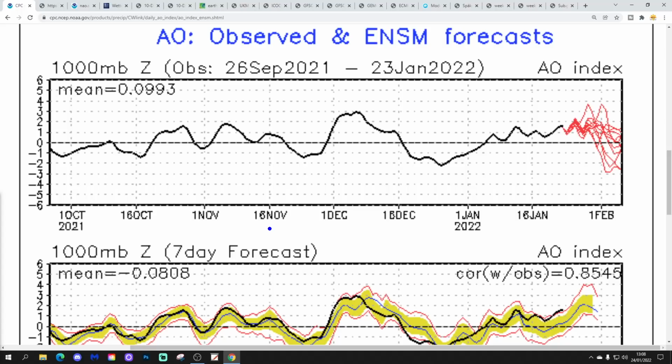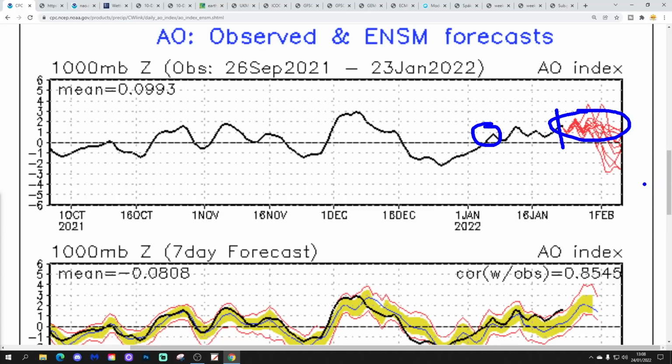Right, so the black line shows what's been observed with the AO, and the red line shows where the GFS ensembles are forecasting the Arctic Oscillation to go. You can see that at the moment, and since really New Year or early January, the Arctic Oscillation has been in its positive phase, and the AO remains in its positive phase as well.